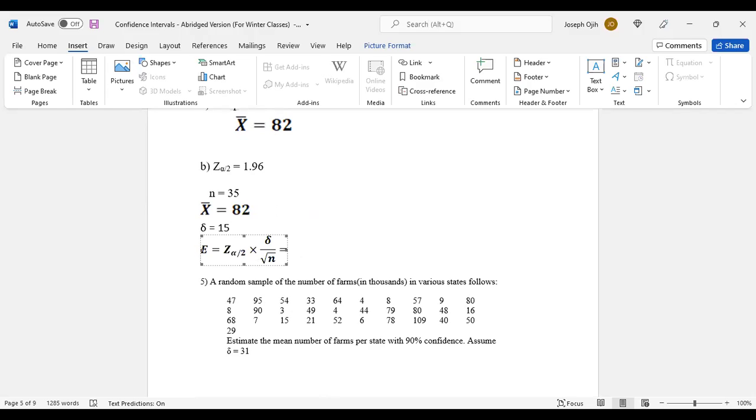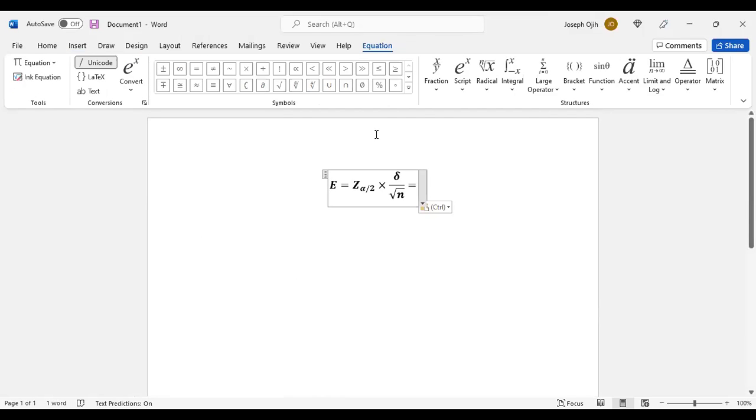So that means Z alpha over 2 is 1.96, times standard deviation of 15 over the square root of 35.